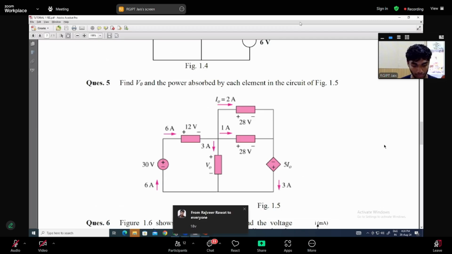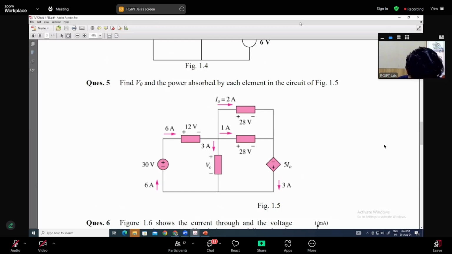V is equals to 18. Okay, okay. Only two answers.